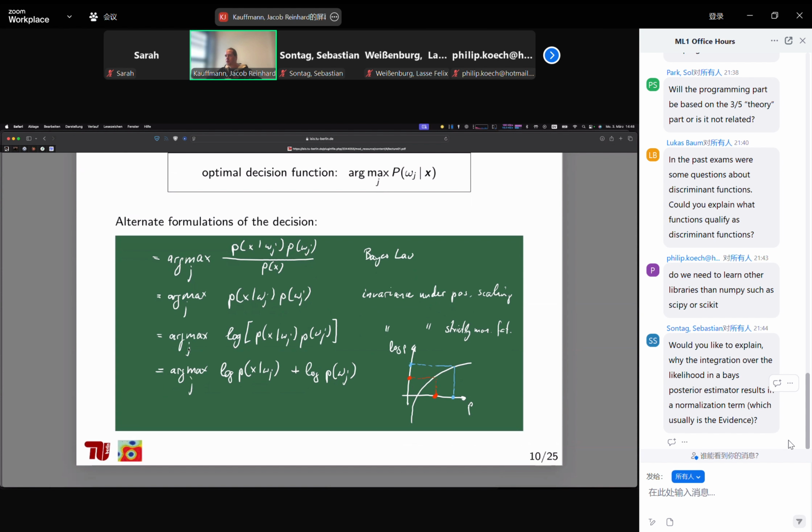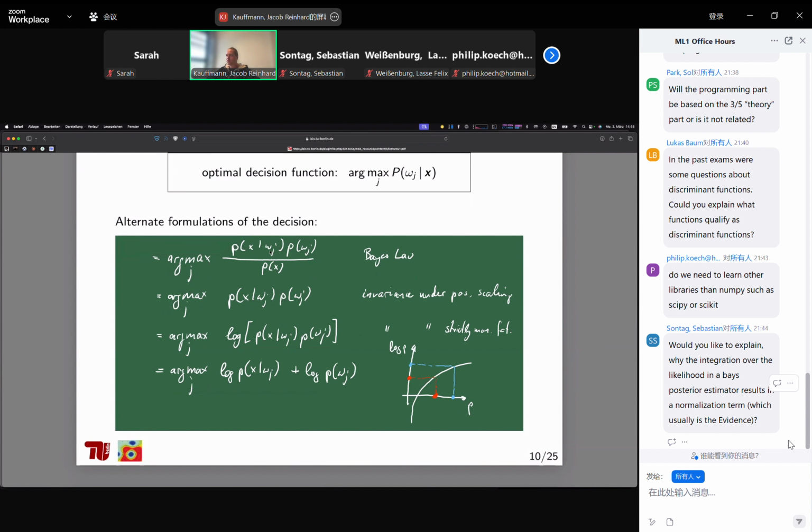Basically, monotonic functions like taking the log, or if your argument is non-negative, like here, you could also square it. If you apply strictly monotonic functions, then you always preserve the decision boundary, and this is how you build discriminant functions.